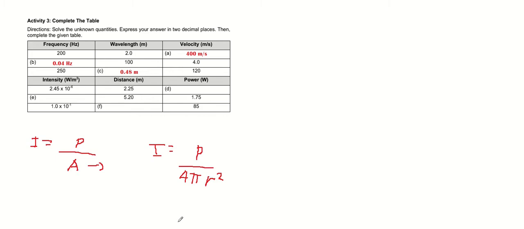So, kasi ang katulad ng sinabi ko, yung sound, it travels in a spherical shape. So, kaya ang formula ng area na kailangan na natin gamitin is yung formula ng area ng isang sphere. So, ngayon, proceed tayo sa pag-solve. So, ngayon, dun sa letter D natin, pinapahanap sa atin is yung power.